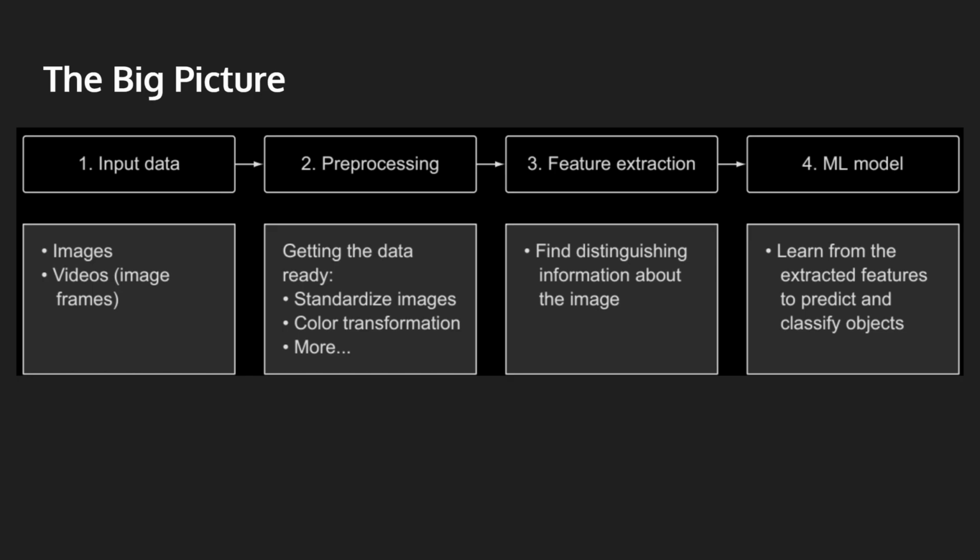And this means color transformation, turning our colored images to grayscale, for example, and then standardizing images, okay? And then for feature extraction, we're basically finding distinguishable information from the image. And then finally, we learn from the extracted features to predict and classify objects by using our machine learning model.